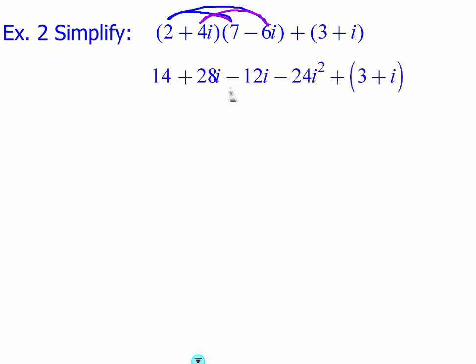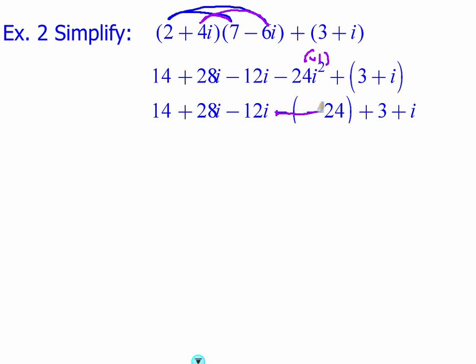When I do that, I end up with this expression here. 2 times 7 is 14, 4i times 7 is 28i, 2 times negative 6i is negative 12i, and 4i times negative 6i is negative 24i squared. This negative 24i squared, 24 times i squared, we know i squared is negative 1, so that gives me negative 24. So minus a negative is the same thing as plus 24.